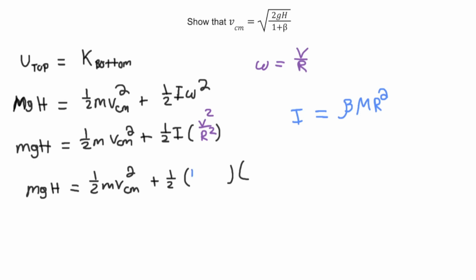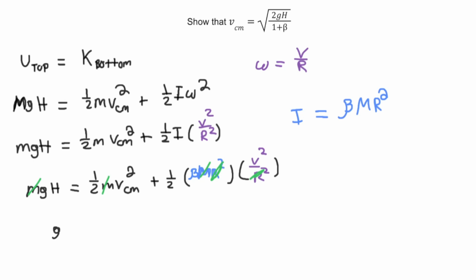So we can just write the moment of inertia as beta times mr squared, and then we still have our omega as v squared over r squared. And notice that the r's cancel, and I keep making this m capital, and I really shouldn't. But the m now cancels from everybody.